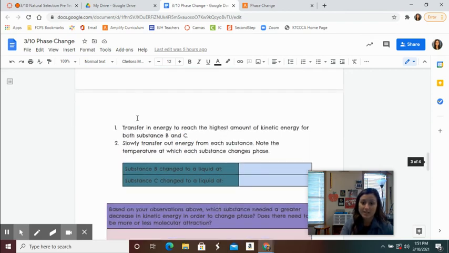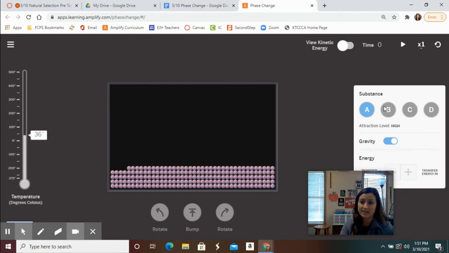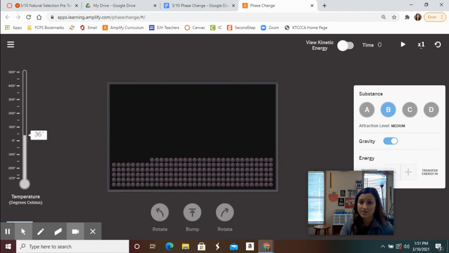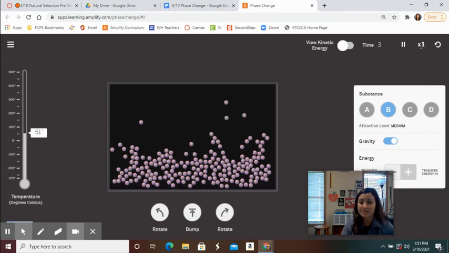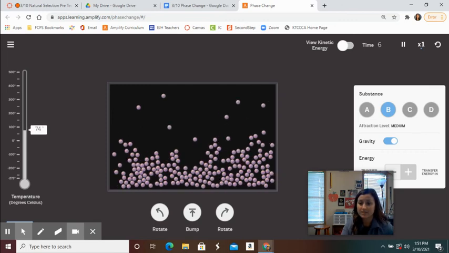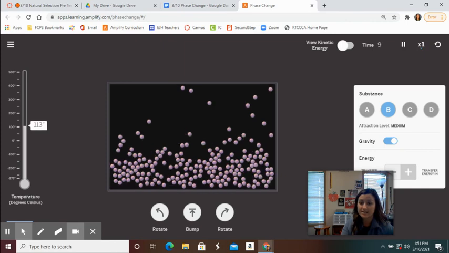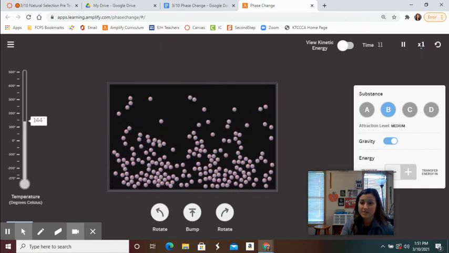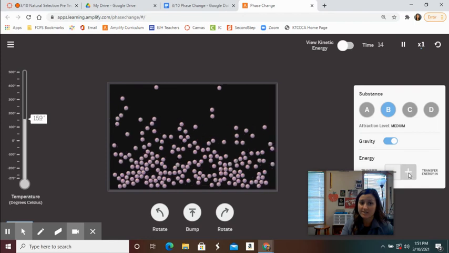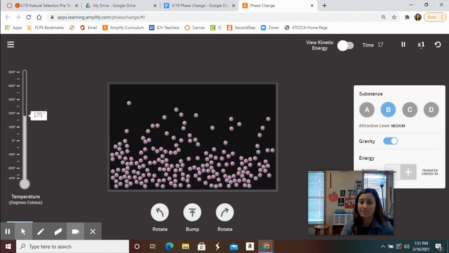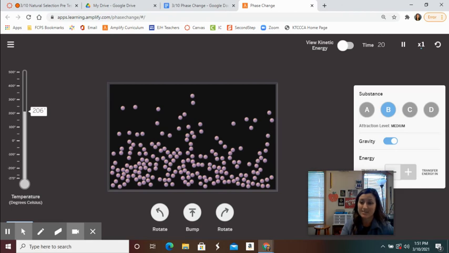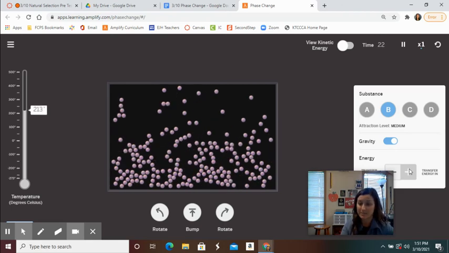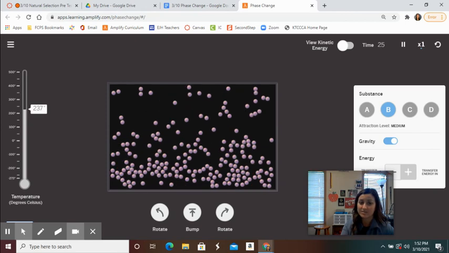And then for the simulation, you're going to follow these instructions right here. So you are going to transfer energy in, and you're going to do this for both. You're going to transfer energy in to B as much as you can, because remember, we have to have B and C both starting at the gas phase, which is the highest temperatures and the most movement. So you're going to go all the way to the top because it's really important that both of the substances start at the same level of energy and same temperature, because that will give us accurate results if they're both at the same.